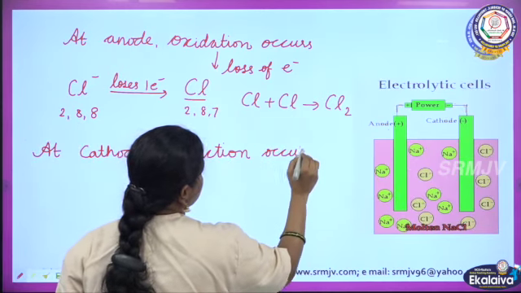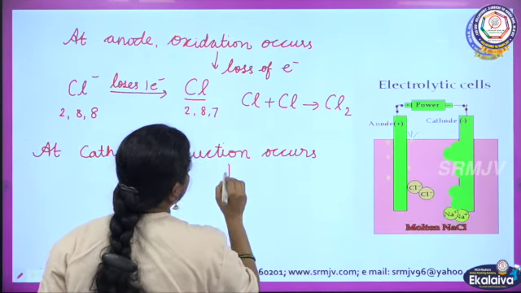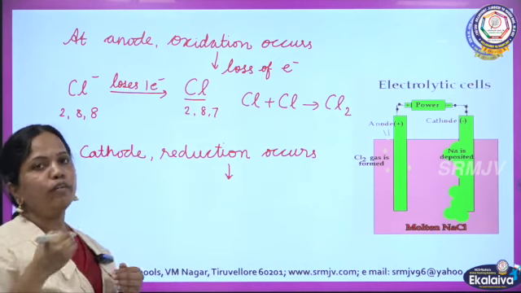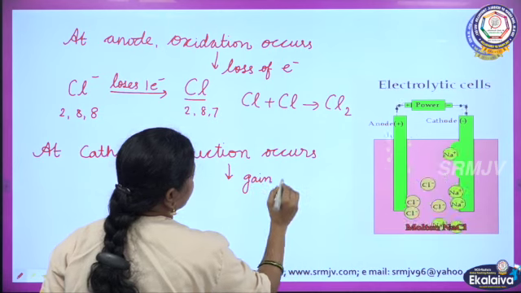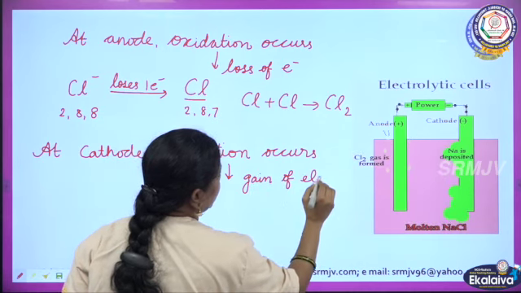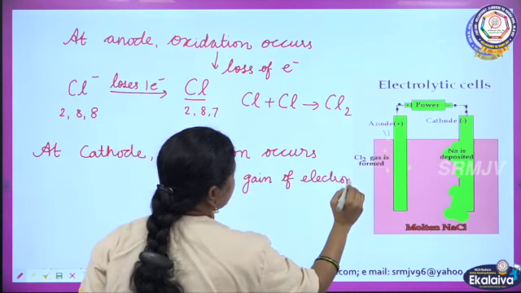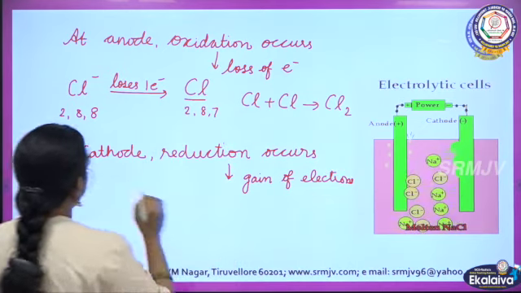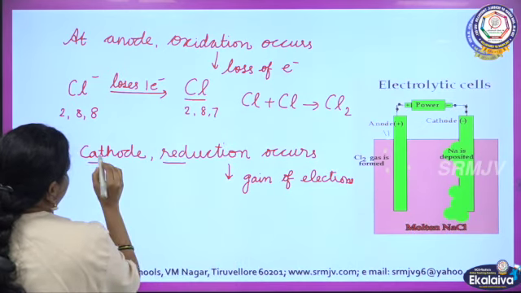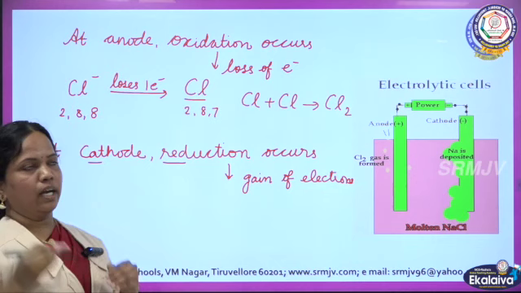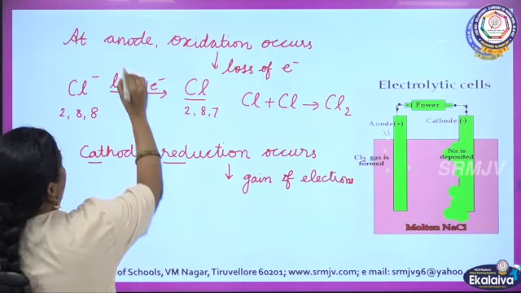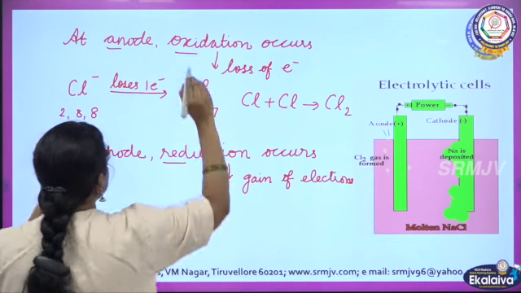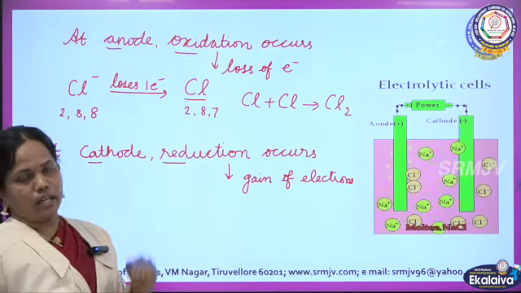Reduction means gain of electrons. So you just remember: red cat. At the cathode reduction occurs, at the anode oxidation occurs, anox. So at the anode oxidation occurs and at the cathode reduction occurs.